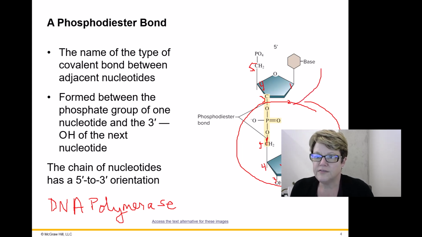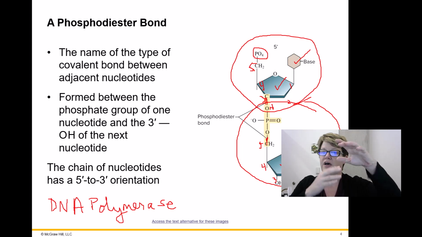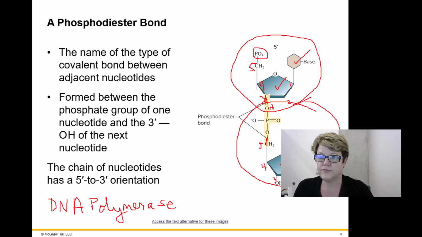And then in this nucleotide, you have a nitrogenous base, a deoxyribose sugar, and they're showing the phosphate group here in a smaller form. But what happens is the hydroxyl group that was here on the number 3 carbon interacts with the phosphate group on the number 5 carbon of the adjacent nucleotide.